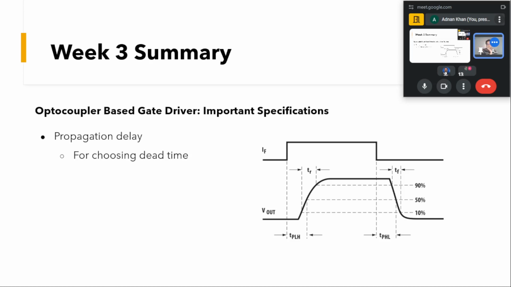These parameters, like turn on delay time and turn off delay time, are provided in the data sheet, and we choose a deadband properly in order to accommodate these delay times, so that in one leg the top device and bottom device are not turned on at the same time.